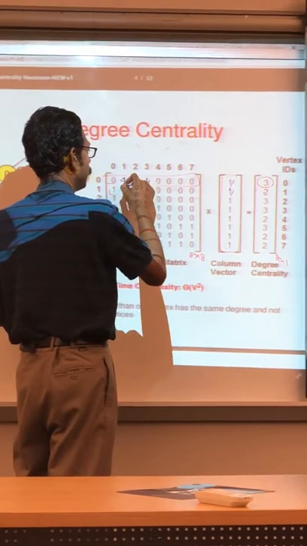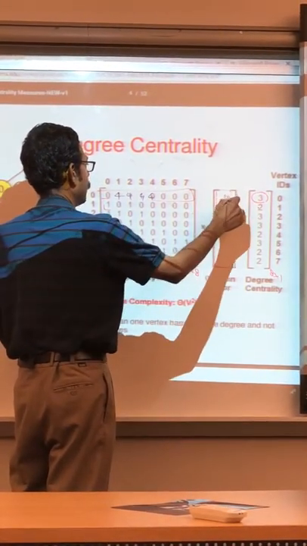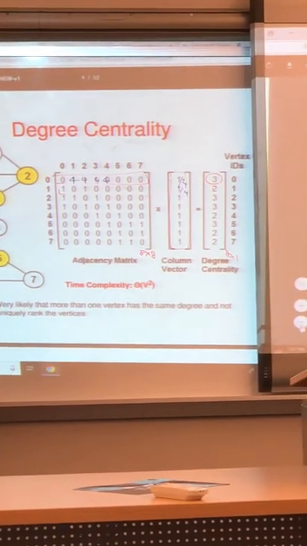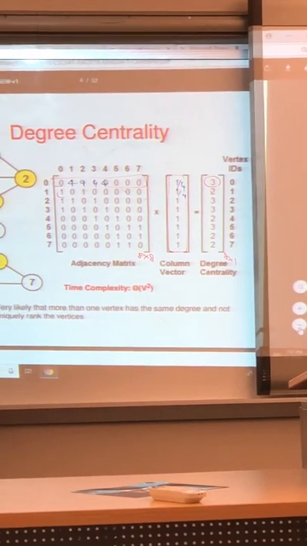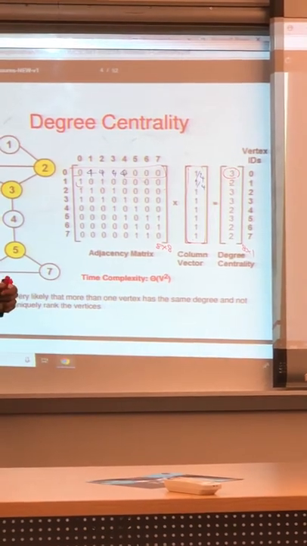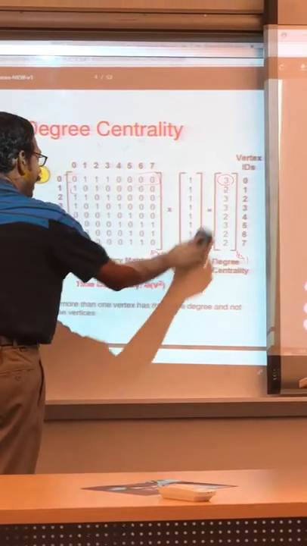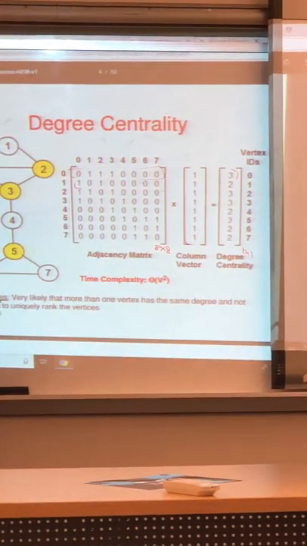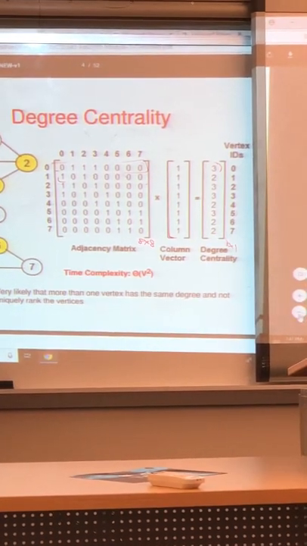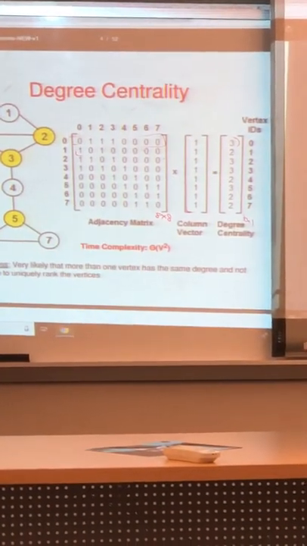But actually, you want to add up the ones. So I could rephrase this: not the number of ones, but add up the ones. Since it is a 1, adding up all the ones is the same as the number of 1s. But if there's some other number like 3 or 4, and you want to count the number of 3s, this may not be the approach. Maybe something else.